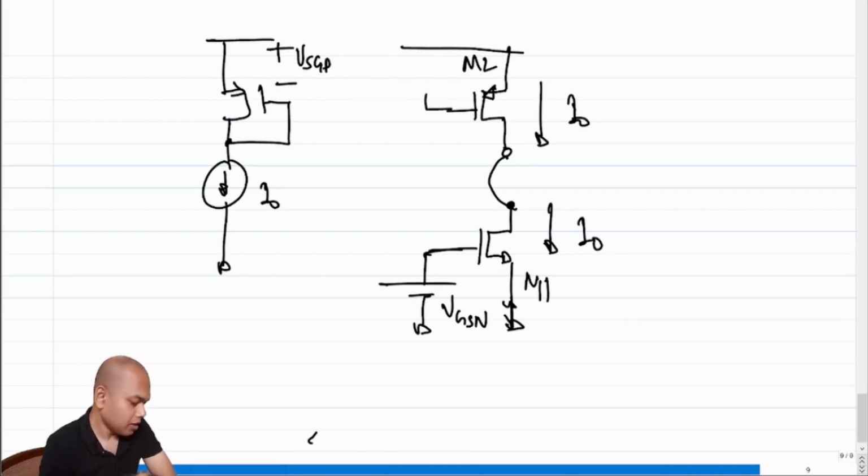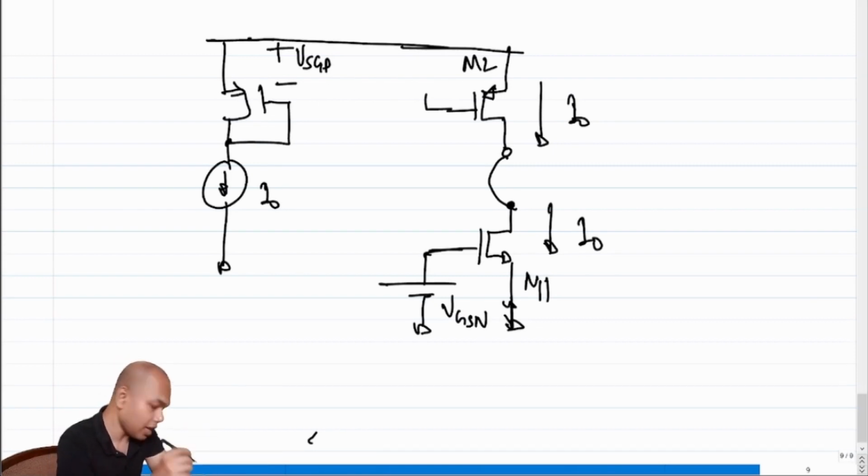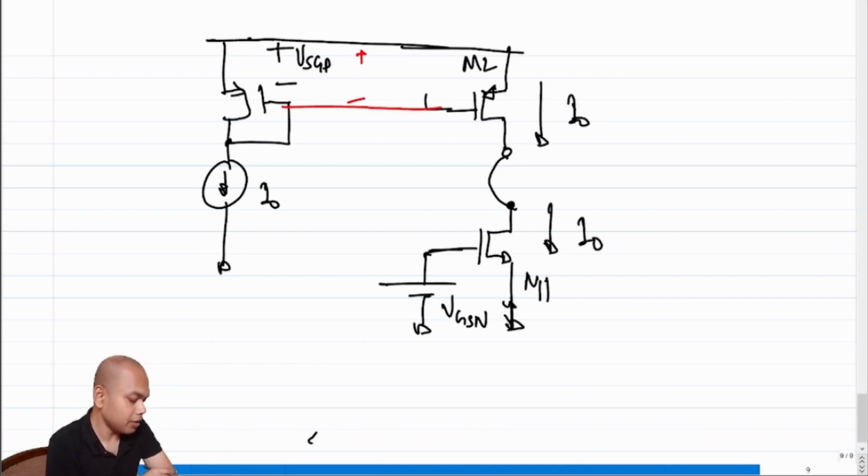The voltage difference between VDD and the gate will naturally become VSGP. All we need to do is apply this voltage difference, not the voltage itself, but the voltage difference. That we can simply do by sharing both the source and the gate terminals of these two transistors. Let me call this M3.